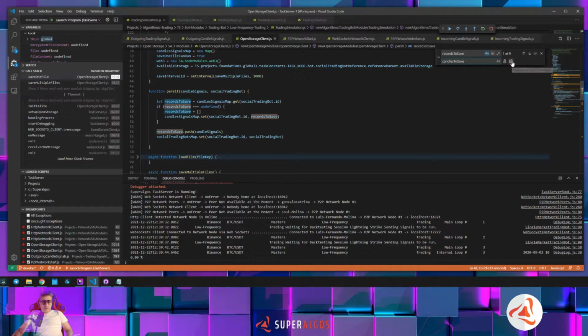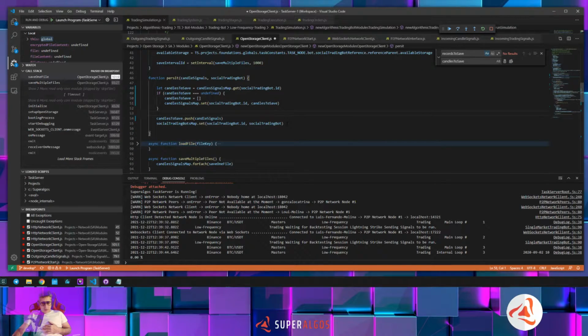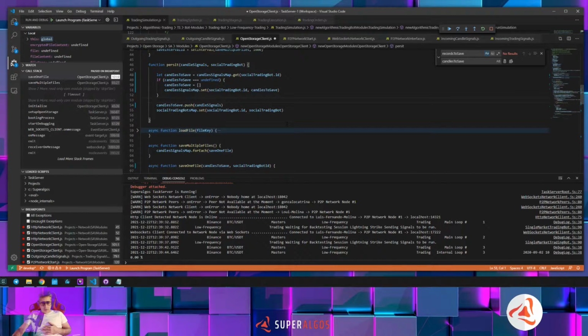Candles to save. Boom. To be more precise, it would be candle signals to save.